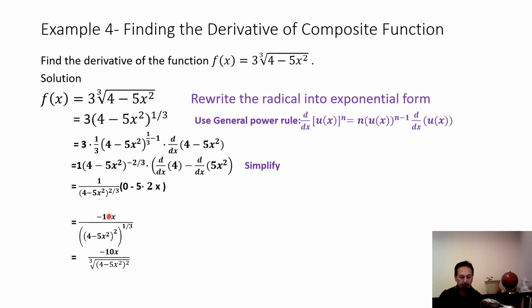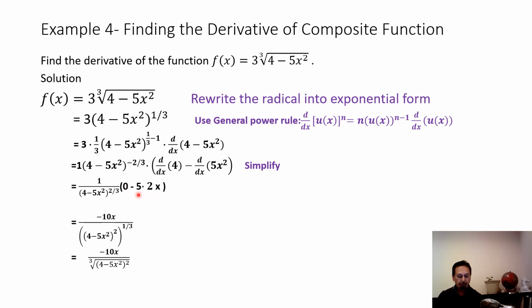Since there is a negative power, we can use the negative exponent rule. So we write 1 over 4 minus 5x squared to the power 2/3. And the derivative of 4 is 0, and the derivative of 5x squared is 5 times 2x.